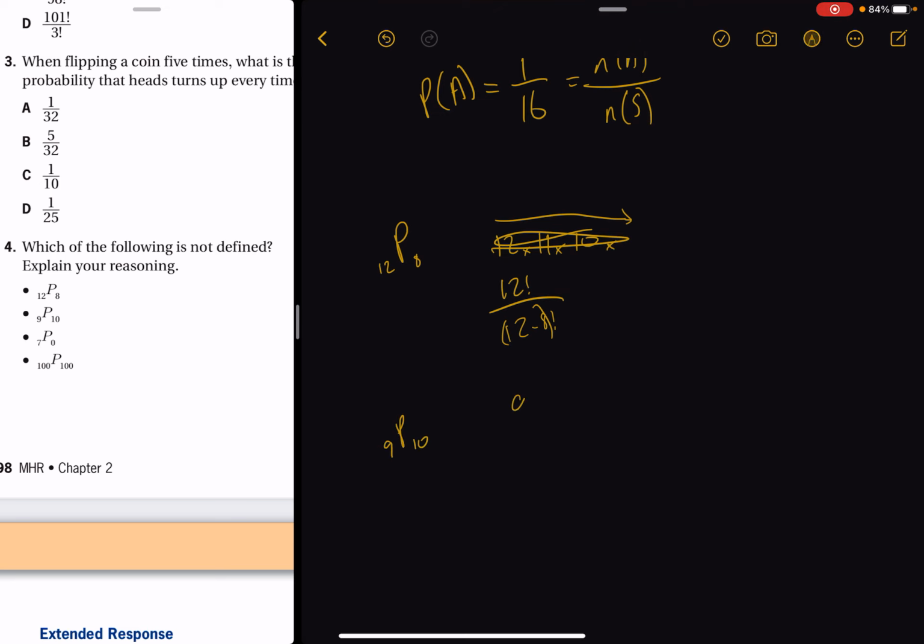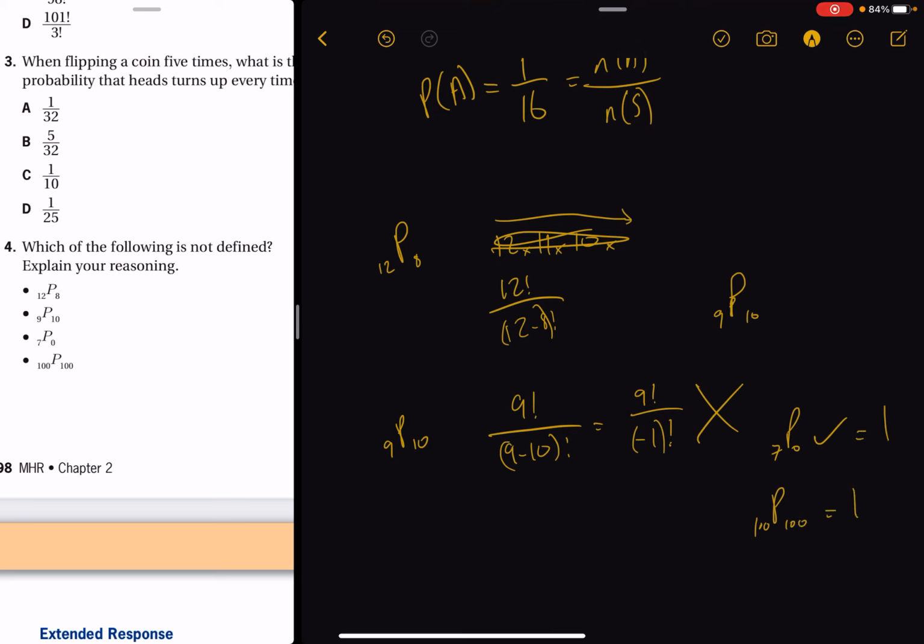Here we have 9 factorial over 9 minus 10 factorial, which is 9 factorial over minus 1 factorial, which is not defined. So the answer to this question is P 9, choose 10. P 7, choose 0 is defined, and P 100, choose 100.